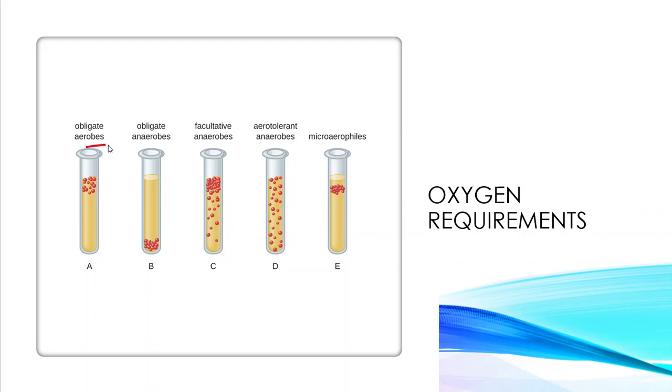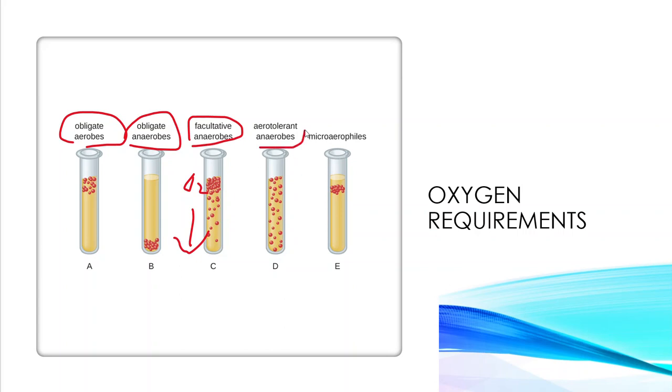So we've got these obligate aerobes, and we've got the obligate anaerobes, and they know what they like. Now we have facultative anaerobes. What does that mean? It means they prefer oxygen, but if worse comes to worse, they can survive without it.